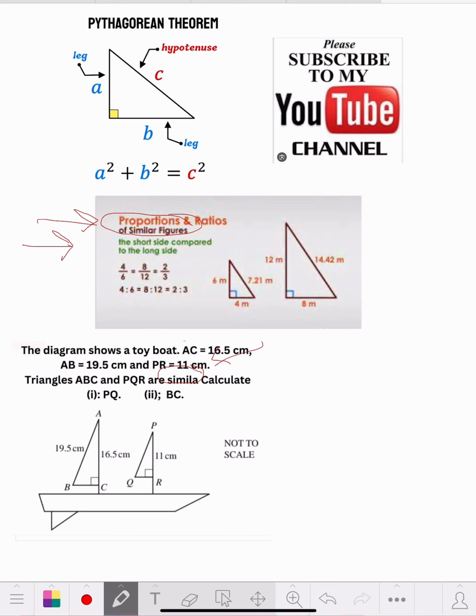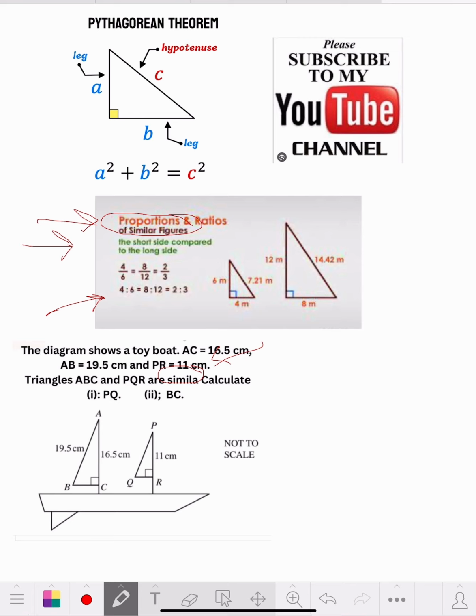They took the triangle and shrunk it down, or expanded it, but they stayed the same ratios. That's the key. So if you set up a formula with ratios, just like they did up here, see how they have 4 over 6 equals 8 over 12?